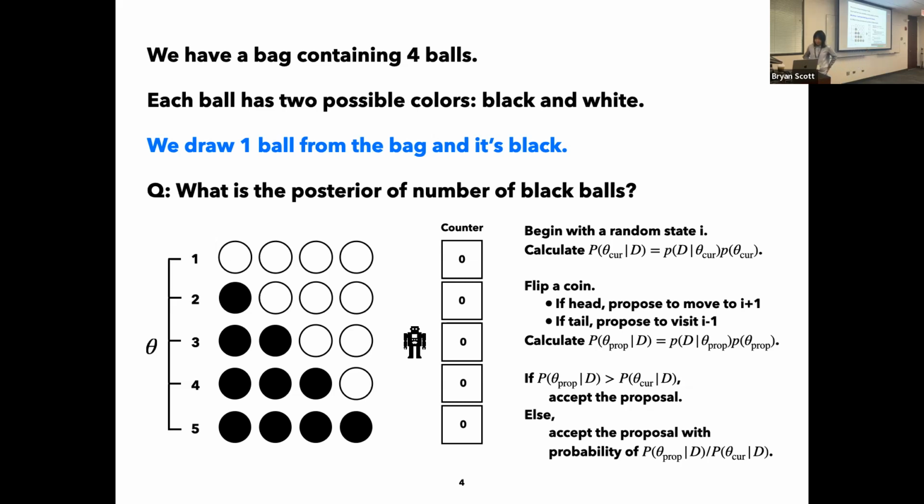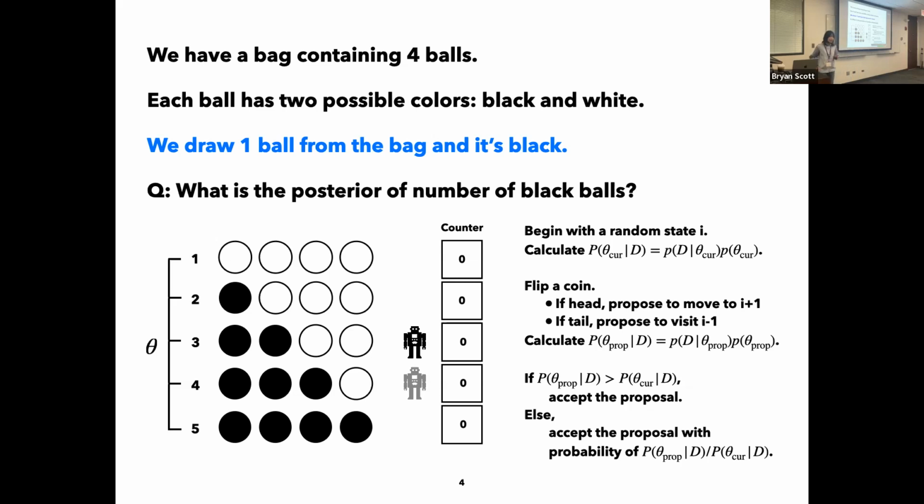So for now, say I flip a coin and it's heads. The proposed state is to move to theta equal to state number 4. I calculate the unnormalized posterior at that point. If you remember, this should be 0.4, and this is 0.3. So I compare 0.4 to 0.3. This proposed state has a higher posterior, so let's move to this state.